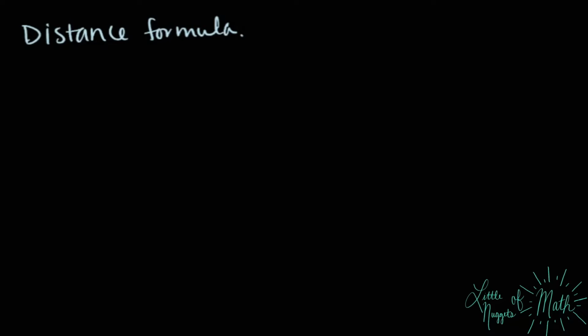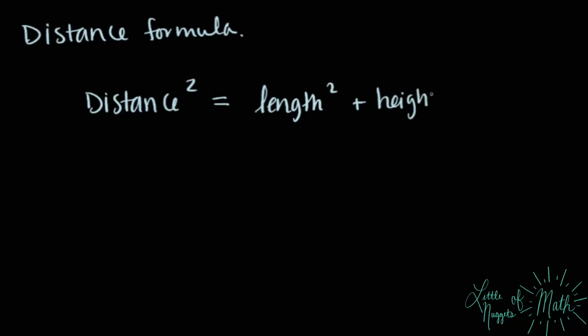We just said that if we treat the length like your hypotenuse, then we know that the distance between two points, or again what we call c, squared, is equal to the length squared plus the height squared, or what we've been referring to as a and b.